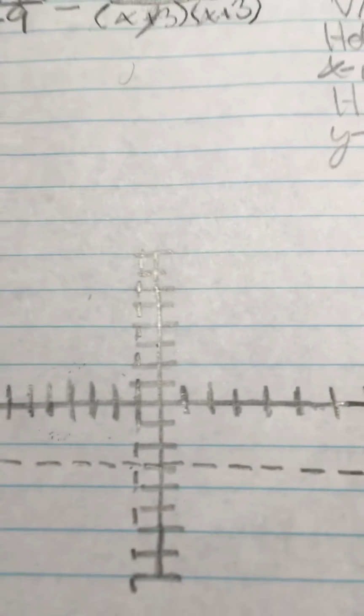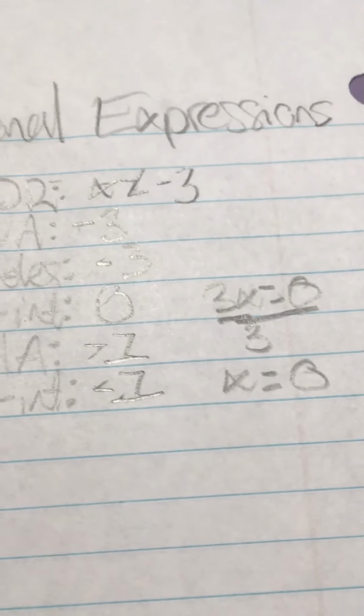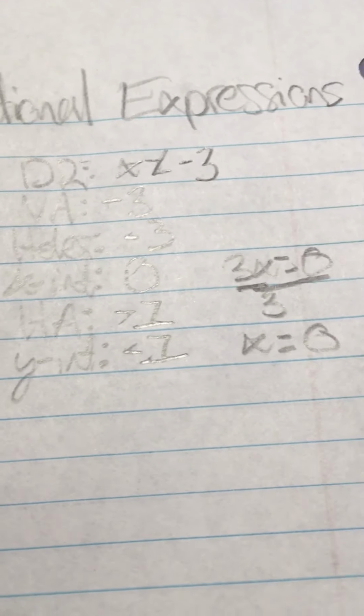Then we're going to put our y-intercept in here, which would be at negative 1. Our x-intercept would be at 0, so we don't have any x-intercepts. So we'll touch somewhere around here. So we're going to graph this out to negative infinity.